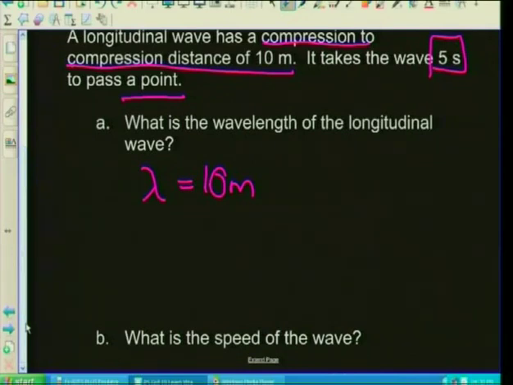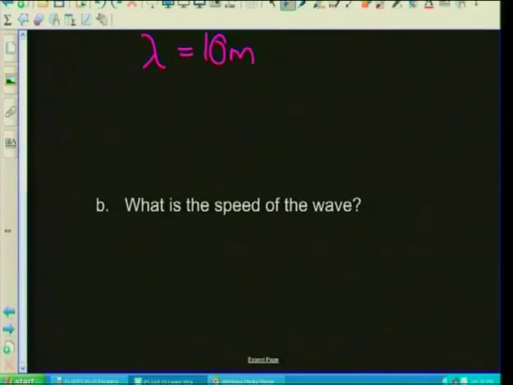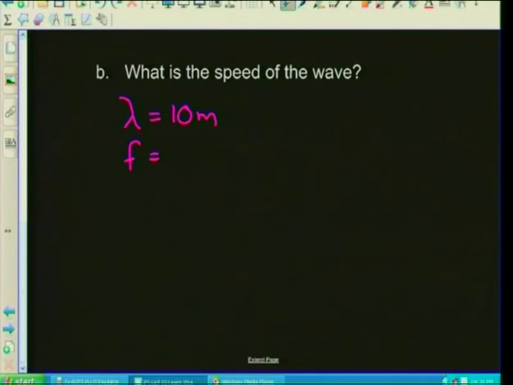Now they ask for the speed of the wave. So, we've just worked out wavelength is 10 meters. I'm going to need frequency, maybe, and velocity, because that's the information we would use. We would use velocity equals frequency times wavelength.